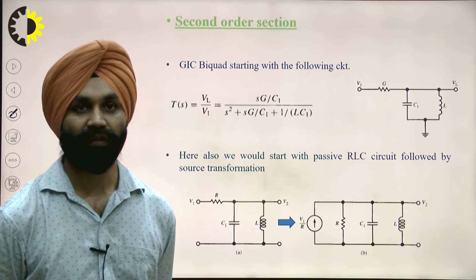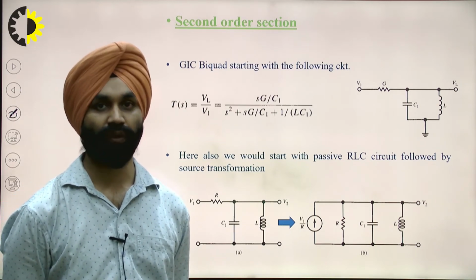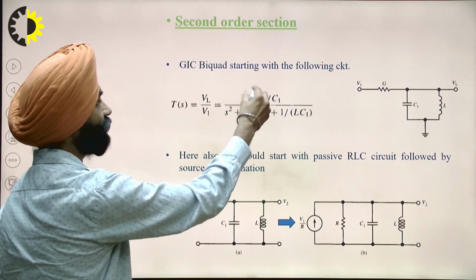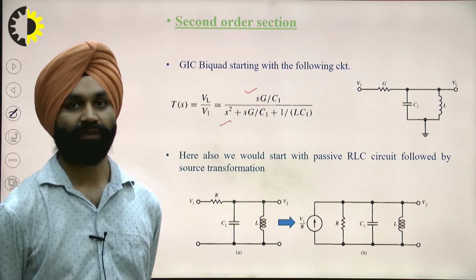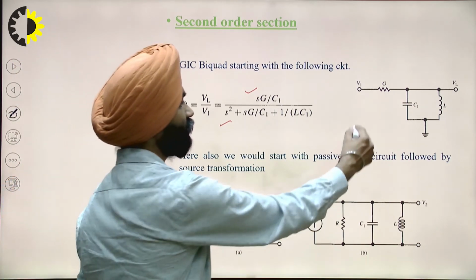In the second order filter, the GIC biquad that we have seen in unit 2 also, we need a transfer function which has an S upon S square term. So we have designed a second order biquad GIC circuit using this circuit.